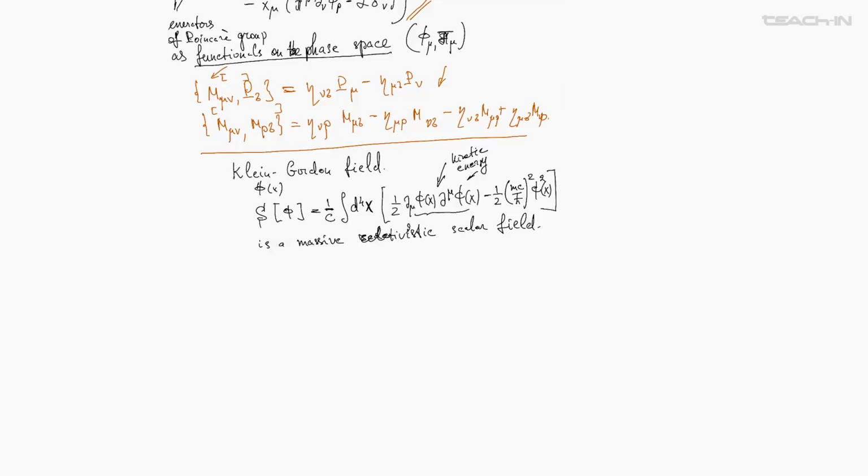And on top of that, one may add something which is proportional to φ², multiplied with a coefficient which is designed in such a way that the physical dimension of this kinetic term and the term with φ² is the same.